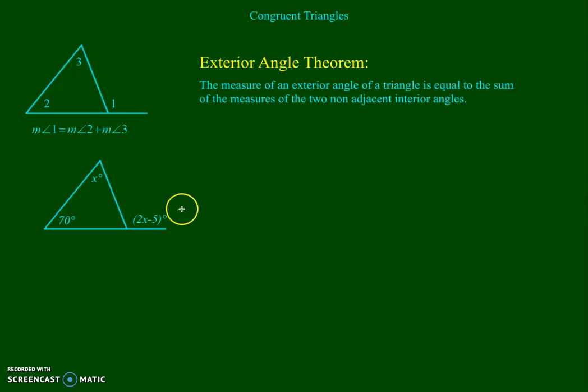So here we have the exterior angle theorem again, and we know that this plus this is going to equal the exterior angle. So we say 70 plus x equals 2x minus 5. I like working with positive numbers, so I'm going to move this x over here. So I have 70 equals x minus 5. We just subtracted x from both sides.